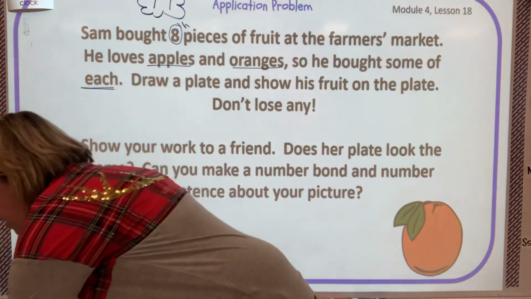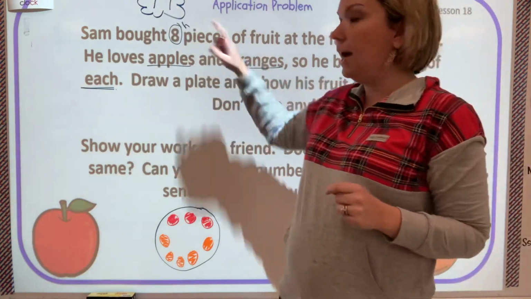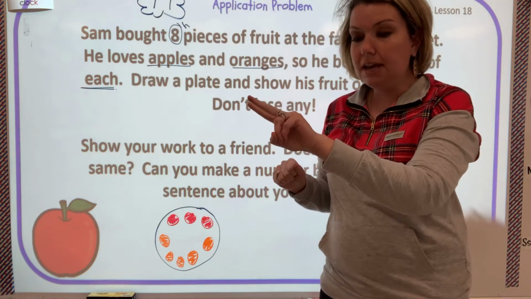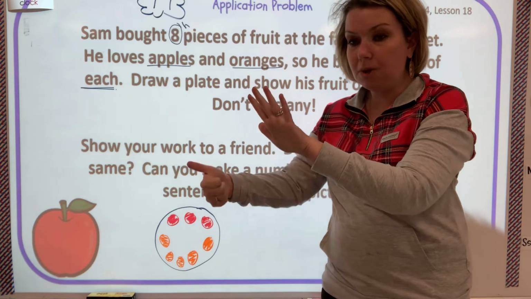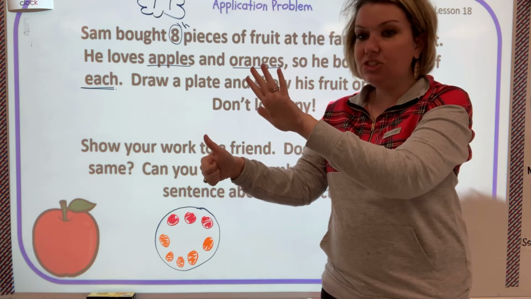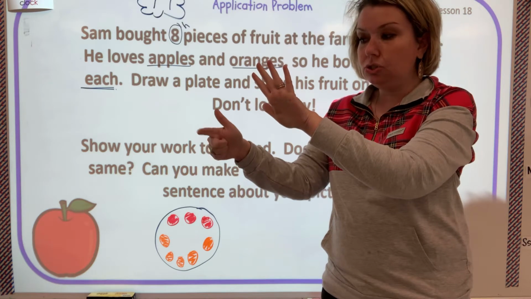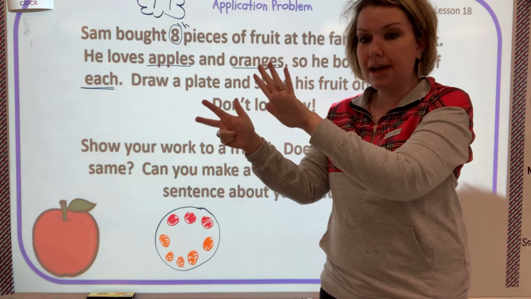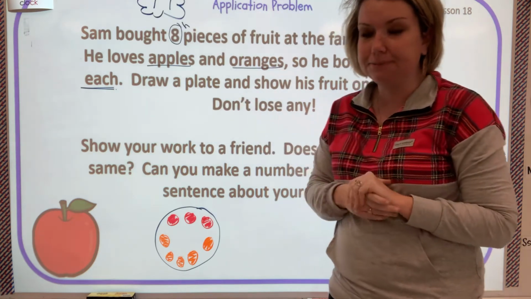Okay, let's look at that. So remember, our whole has to be 8. So you did 2 oranges, that's awesome. And then you did 1, 2, 3, 4 apples. That makes 6. Could you draw maybe 2 more apples to make 8? Draw 2 more apples and that'll make 8.